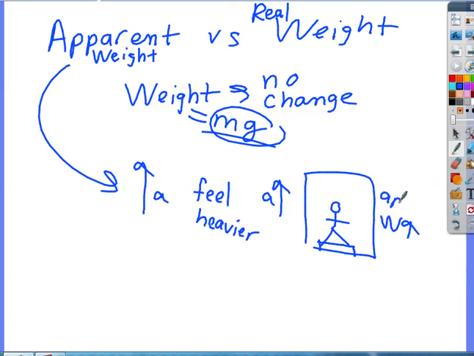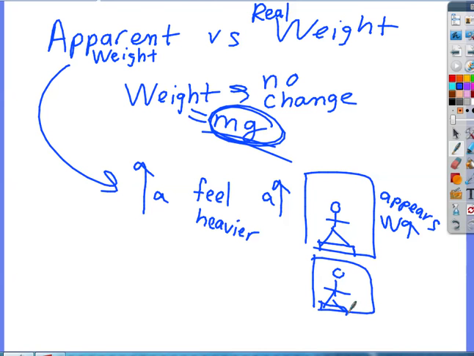It appears that your weight increases. That's the key. Does it actually increase? No, you're still m times g. But what's happening is there's now another force acting against your weight, adding to it, and so therefore you appear to be heavier.